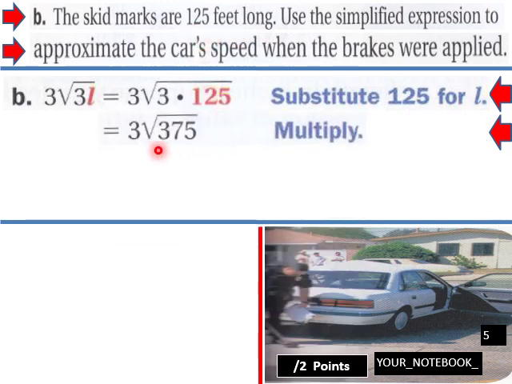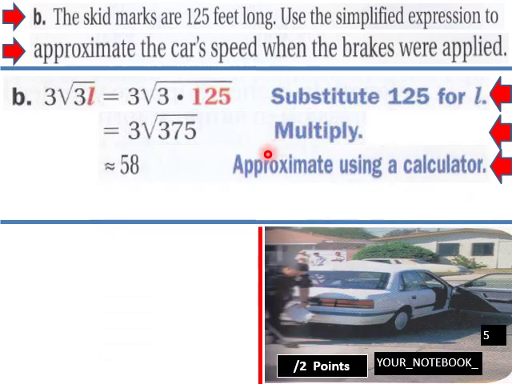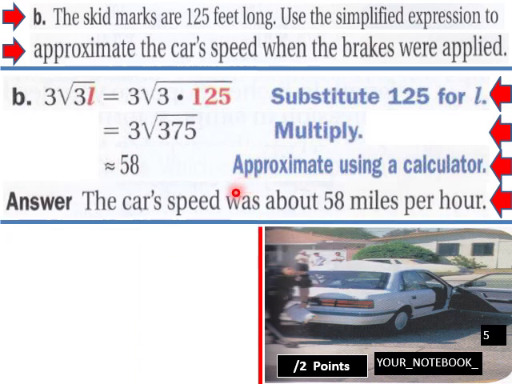So we have 3 times radical 375. If you multiply on your calculator 3 times the square root of 375, you get approximately 58. So the car's speed was about 58 miles per hour when it hit the brakes.